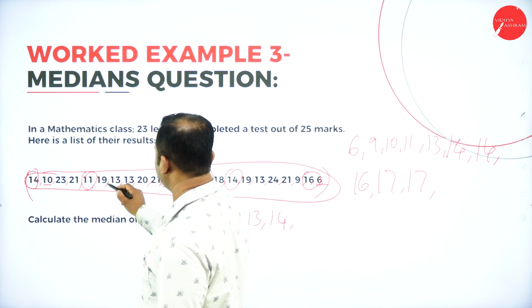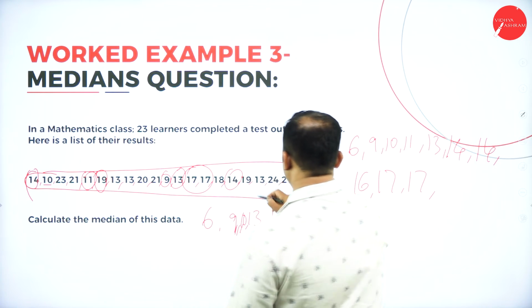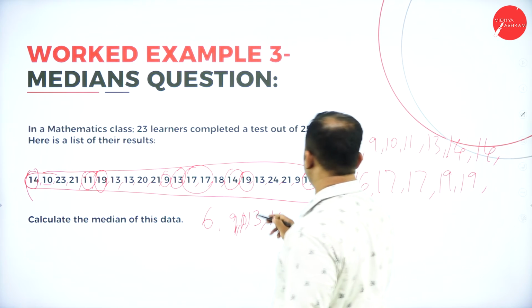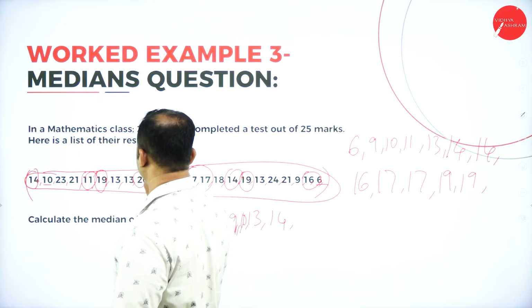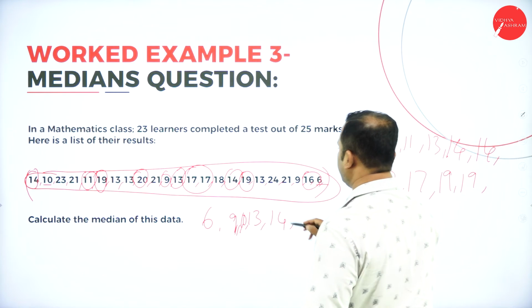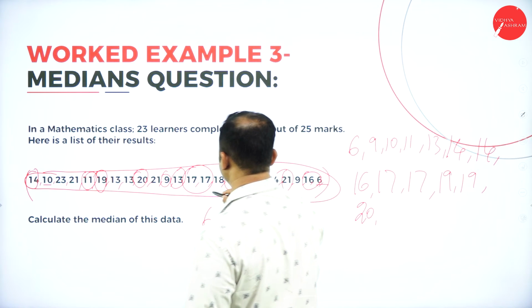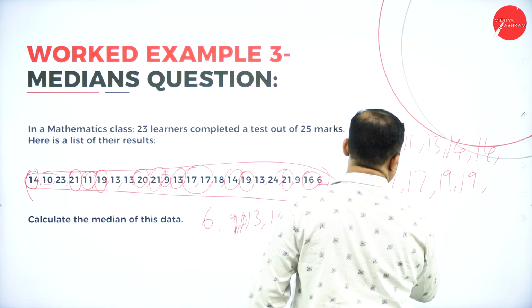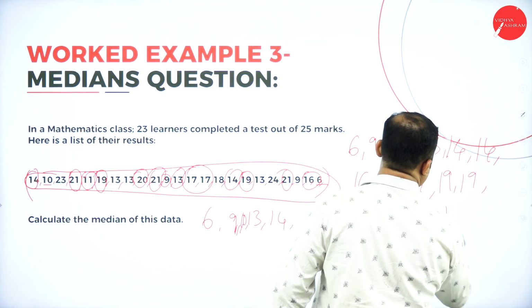No, we do not have 18. We have 19, 2 times, 19, 19. Then 20, yes, we have 20. 21 we have thrice, 21, 21, 21.